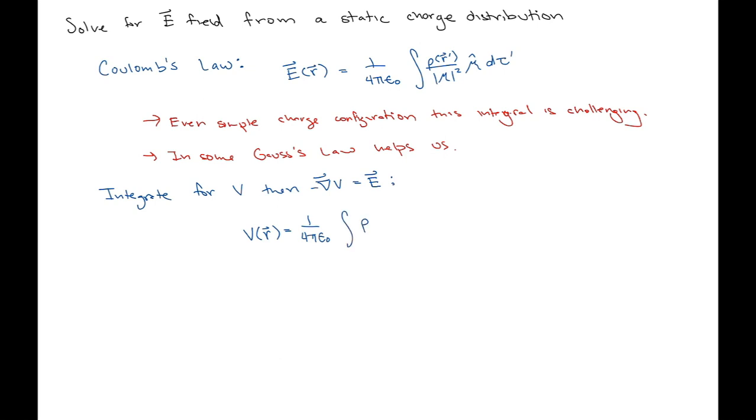But this integral was a little bit easier to do because it only has one component. You don't have to worry about vectors and directions, and that made it a little bit easier. Okay, but it was still hard. All right, so it's easier but still hard.